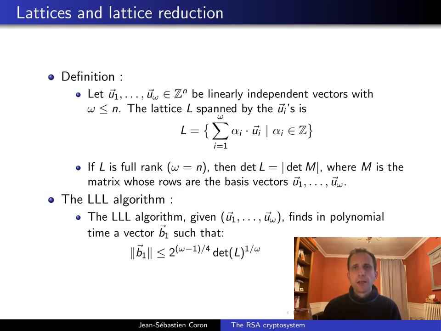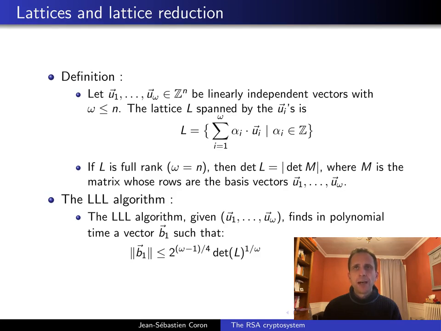Since we have used the LLL algorithm, I'm going to recall the main results on LLL reduction. First, I'm going to explain what a lattice is. If we have a set of omega vectors with n components, which are linearly independent, with omega less than n, then the lattice spanned by these vectors is defined as the set of all possible linear combinations of these vectors, but with integer coefficients.